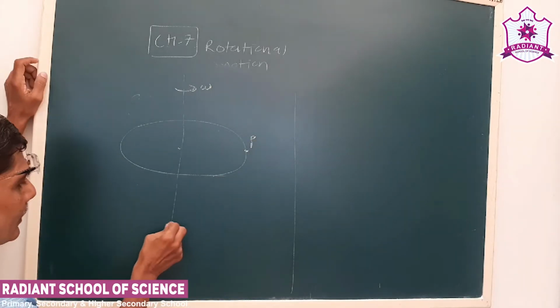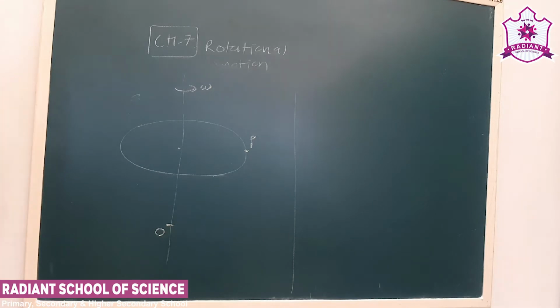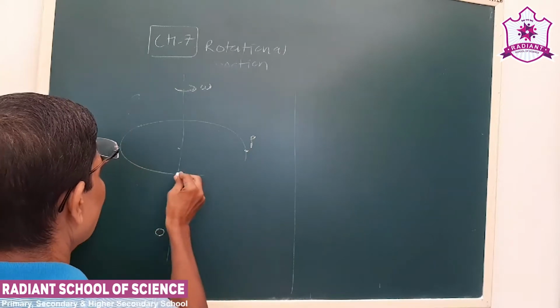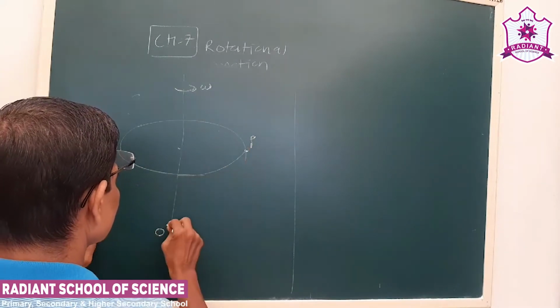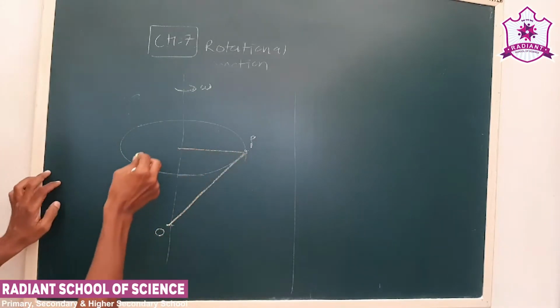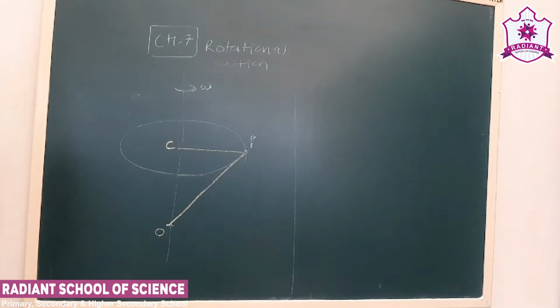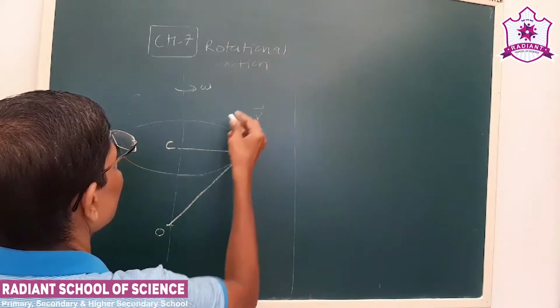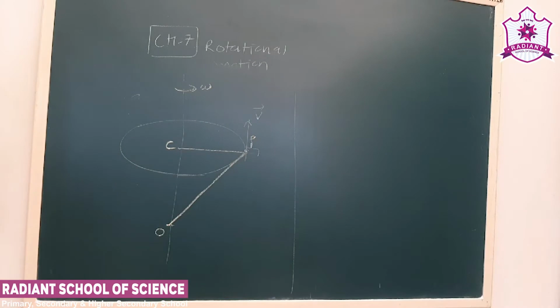From point O on the axis of rotation, OP is a position vector. C is the center of the circular path. In uniform circular motion, we studied that the velocity is always tangent to the circle.